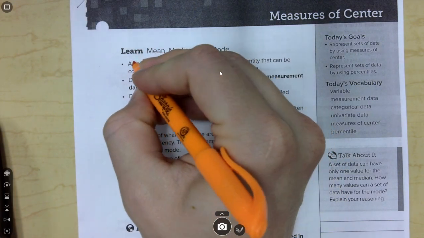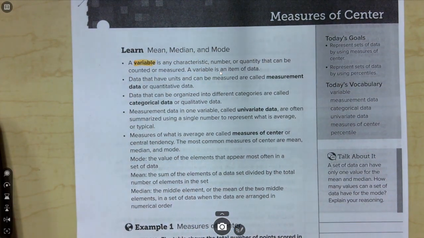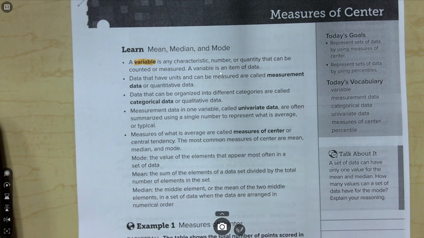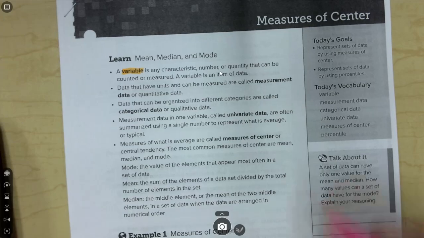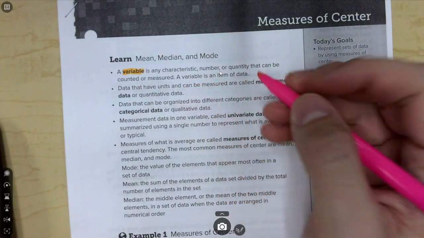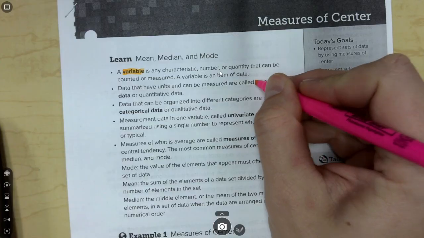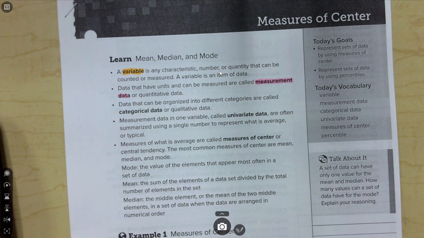A variable is any unknown quantity, something we're solving for. Any characteristic, number, or quantity that can be counted or measured. A variable is an item of data. Data that have units and can be measured are called measurement data, or quantitative data.